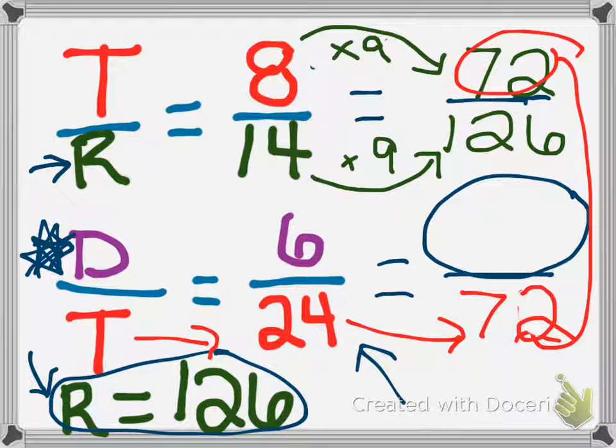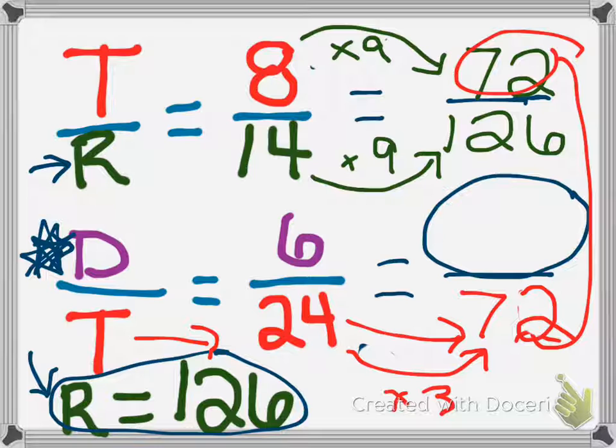So, again, we have to figure out how we get from one side to the other. And to get from 24 to 72, that's another one that's not off the top of your head. So you do the opposite. We figure out how many 24s fit in 72. And we take 72, divide it by 24, and we get 3. So we must multiply by 3 to get to 72.